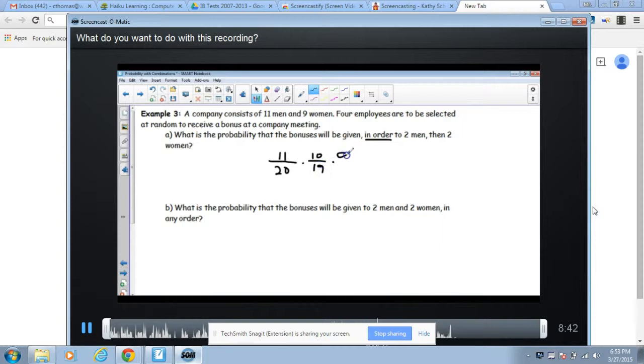There's 9 women to start and 18 people left. And then we chose one of the women, so now there's only 8 left, and 17 people. There should be 17 actually. And if you multiply that out, it should be 0.068.